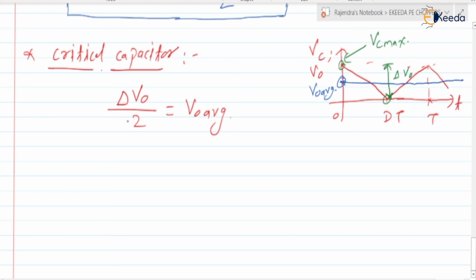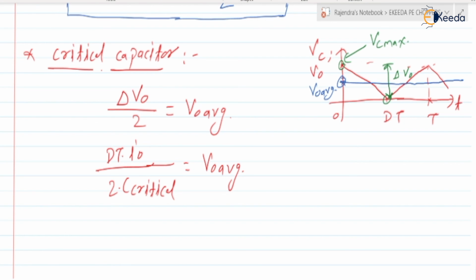Now we can write what the delta V0 is. It is DT into I0 by C critical. Delta V0 by 2 is DT into I0 divided by 2 into C critical. We already derived the expression for delta V0. So what is the V0 average? Let us write it as V0 average only.